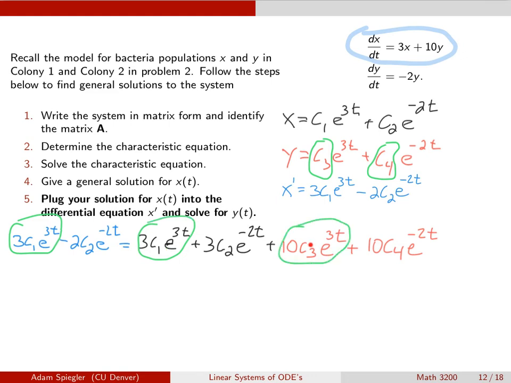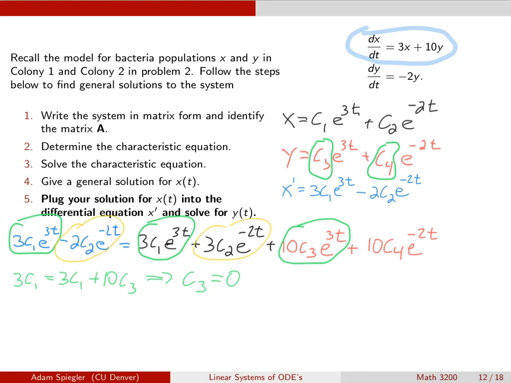Comparing the coefficients, on the left side we've got 3c1, and on the right side we've got 3c1 plus 10c3. And the only way that is going to happen is if this coefficient c3 is 0. So that tells me how c3 depends on c1 and c2. In fact, c3 should be 0.